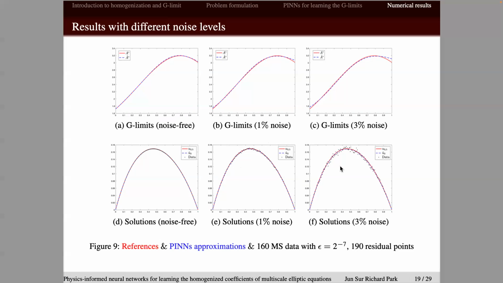Even though we have some noise oscillation, noisy features in our multiscale data, our approximation only takes into account the macroscopic smooth behavior of it, which is very close to the ground truth homogenized solution. So that's how the PINNs provide the physics for the neural network in order for us to have a good approximation to the smooth homogenized solution, even though we have some noisy or multiscale oscillation in our data.